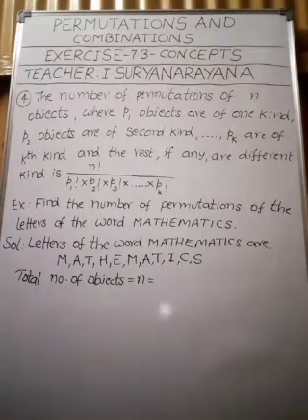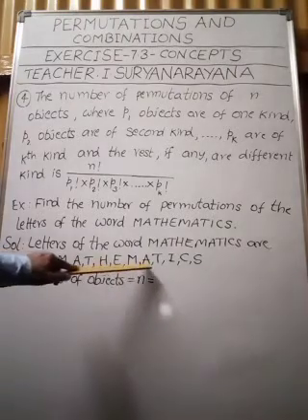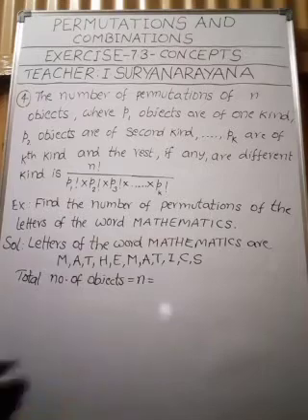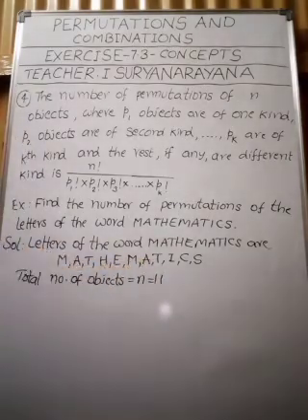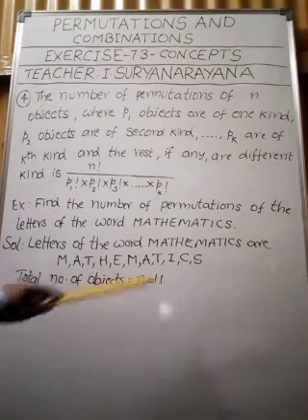How many letters are there in this word? 1, 2, 3, 4, 5, 6, 7, 8, 9, 10, 11. Total 11 letters are there in the given word. Understood this point, my children? Right.